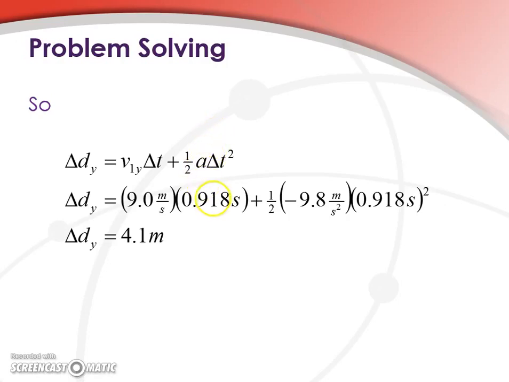So we can substitute in, for our case for displacement, v1y, our time of the experiment, and 1/2 negative 9.8 meters per second squared, again times the time of the experiment squared. And we find that the projectile goes up 4.1 meters before it stops rising.